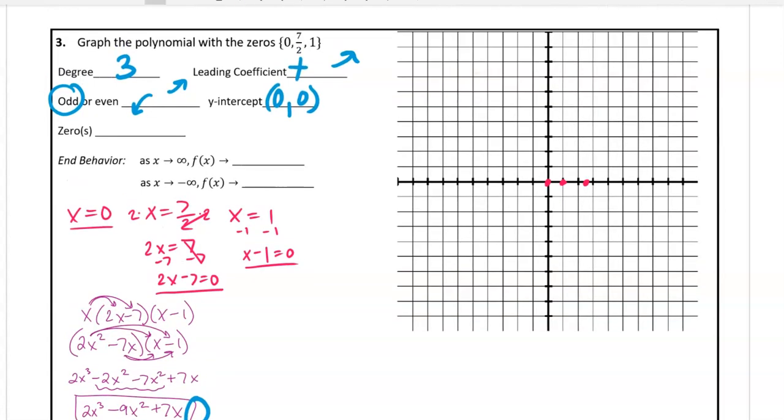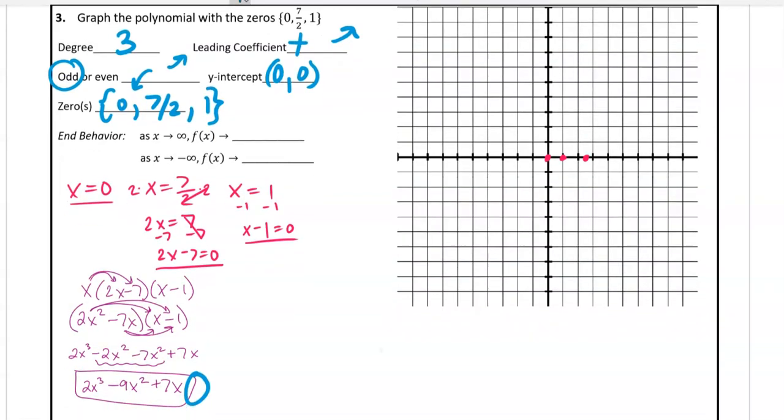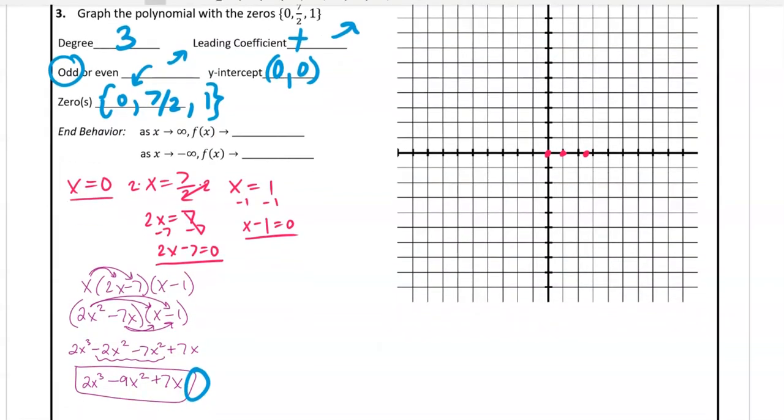They told us in the beginning. 0, 7 over 2, 1. All right, so with our odd or even little picture here, as x approaches positive infinity, the right hand is going up, and as x approaches negative infinity, the left hand is going down.